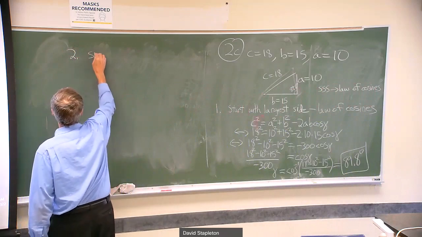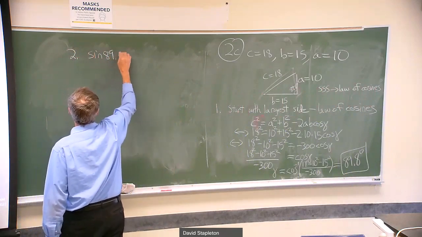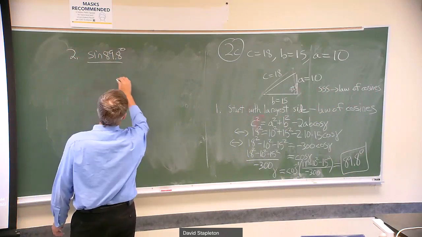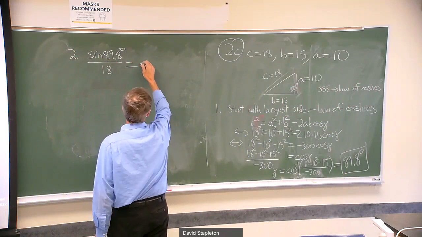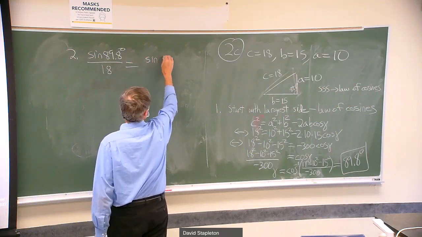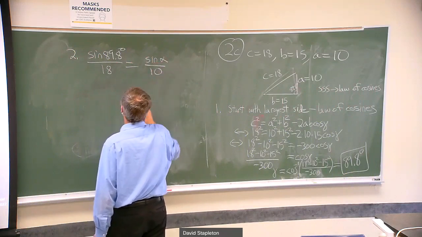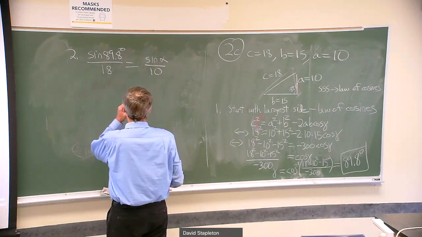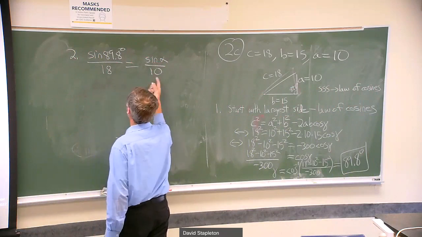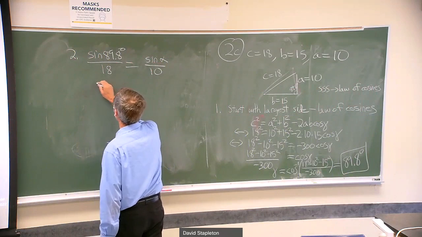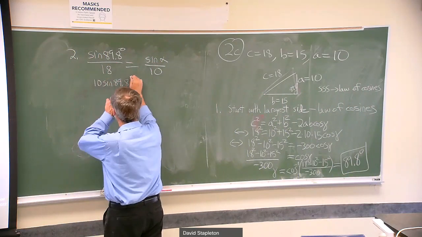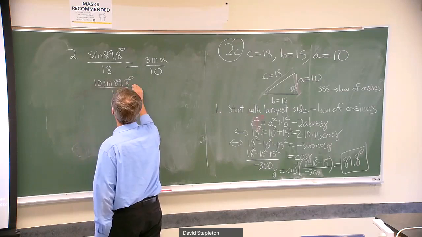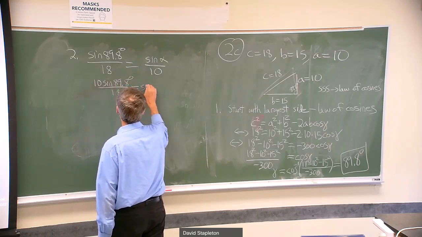So I'll say sine gamma at 89.8 degrees over C, 18, equals sine alpha over A, 10. And I can solve for alpha. So now let's multiply by 10, and I get 10 sine 89.8 degrees over 18 equals sine alpha.